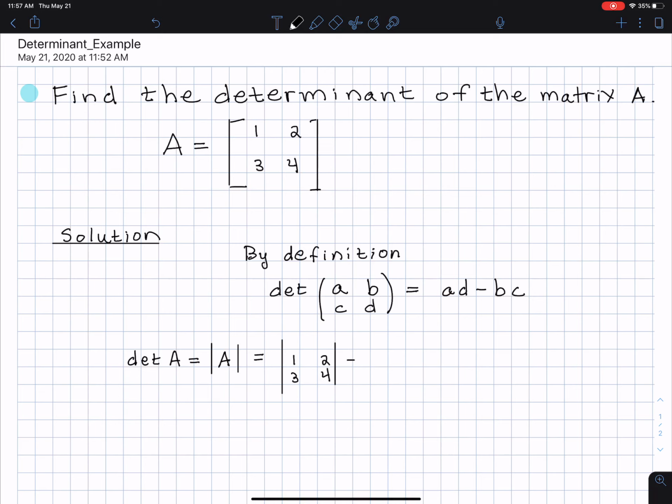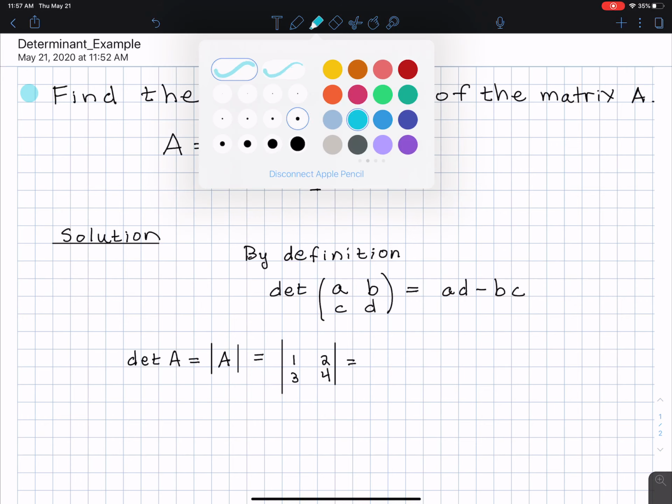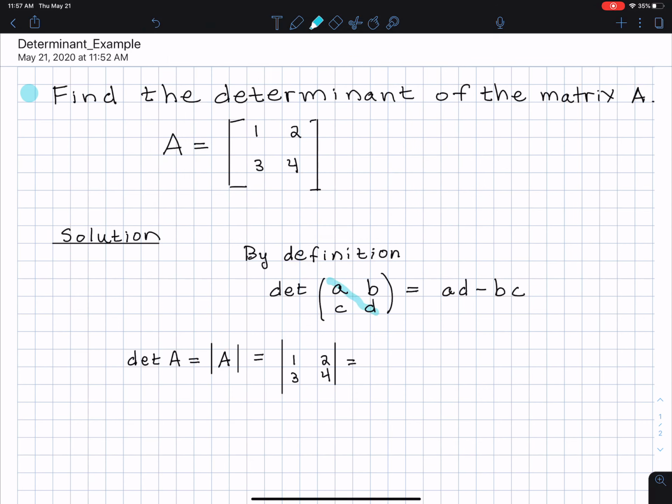So this is just going to be, well, we could get excited about this and show a little pattern here. We multiply the A and the D, so in this case the 1 and the 4. So it's going to be 1 times 4.